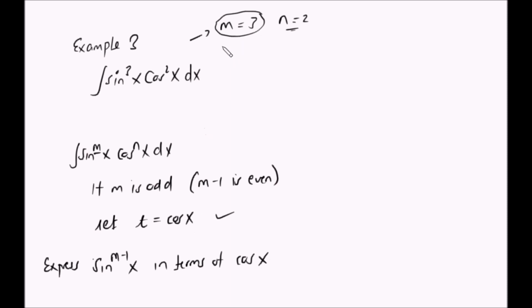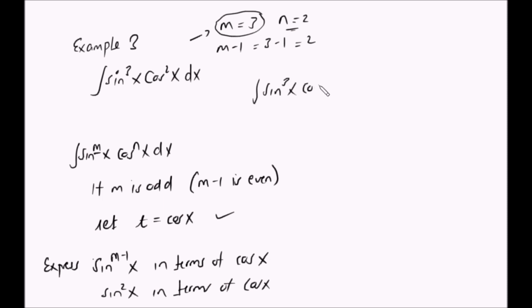So our m-1 now is 3 minus 1 ambayo ni ngapi? Ni 2. So we are going to express sin squared of x in terms of cos x. So na huyu integral yetu huyu can write him like sin of x times sin squared of x times cos squared x dx, okay? So sin squared x ndo manake sin of x power m-1.